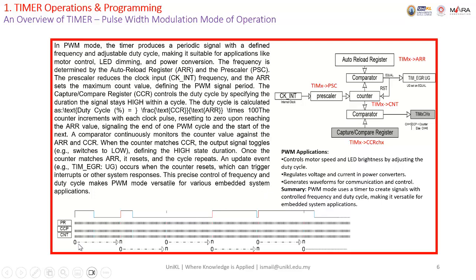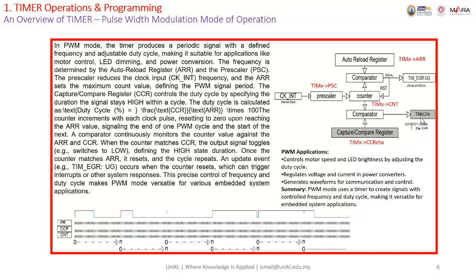If the value inside the capture compare register is greater than the counter, the output becomes 1. If the value inside the capture compare register is equal to the counter or less, the timer CX output, the pulse output, will be 0.